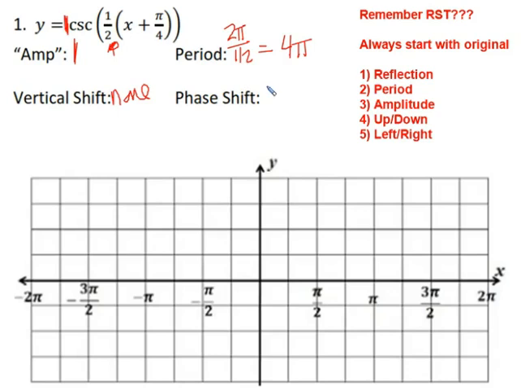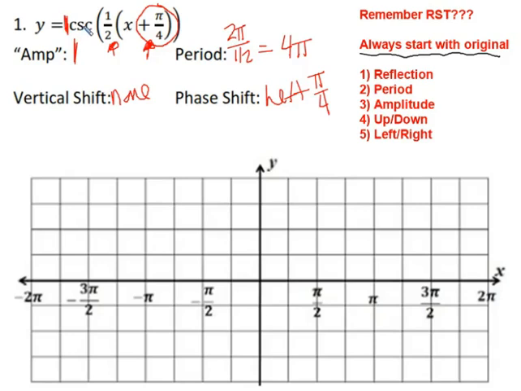But we do have a phase shift that's moving left pi over 4 based on this value right here. Notice how the 1/2 was factored out. So this is telling us exactly which direction our graph is moving, to the left. So just like all of our other trig functions, we're going to start with the original.